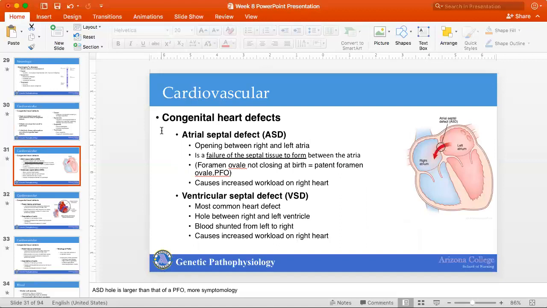So we're looking at the first type, an atrial septal defect. This is one of the holes of the heart. If somebody says they were born with a hole in their heart, or maybe we know someone who has, this is probably the more common one. It's an opening between the right and left atria, a failure of the septal tissue to form between the atria.